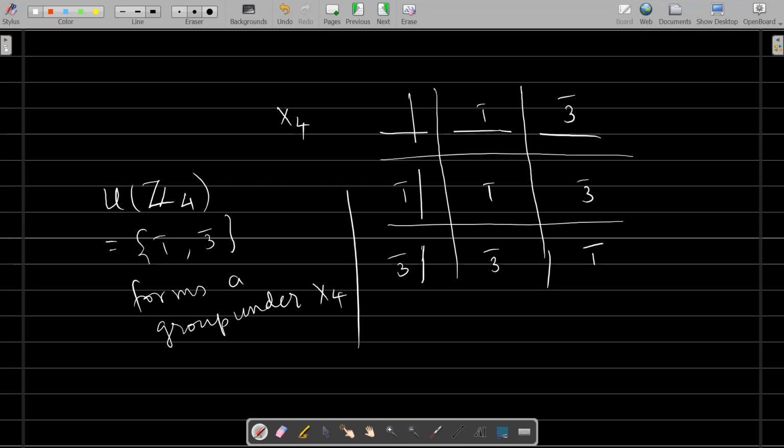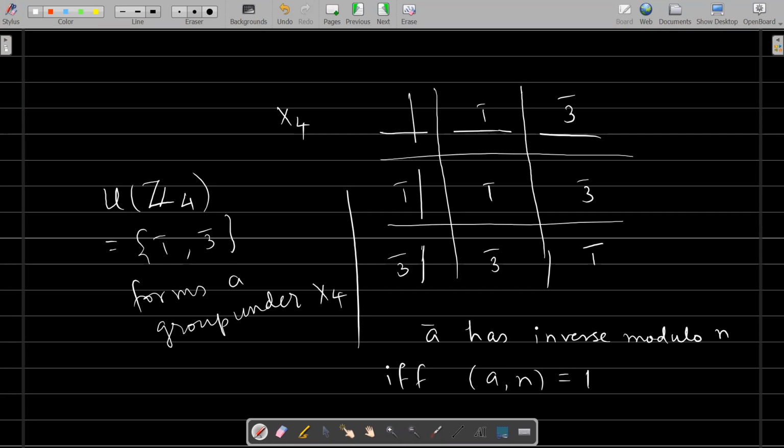Okay. And from number theory, what condition do we know in general in Zn, which elements have a multiplicative inverse? So a bar has an inverse modulo n if and only if, what is the condition? If it is coprime with n. Yeah, so GCD of a and n is 1.